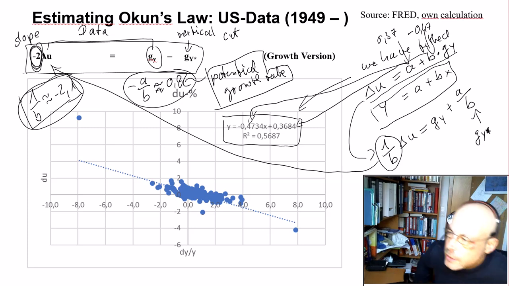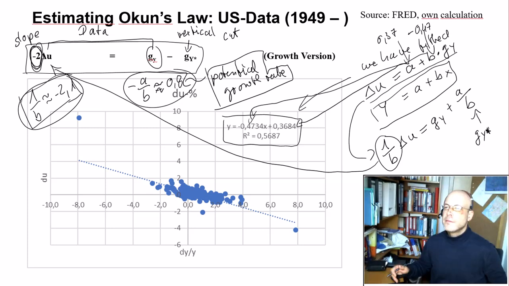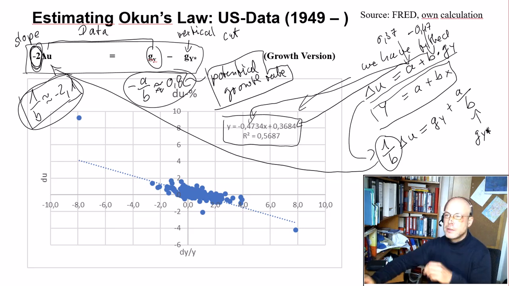Okay, I do not have that much time left, but then we will just do the download of the data, and maybe for the next time you can already start to try to do what I have done here with the US data for the German data, and we are talking about Germany next time.